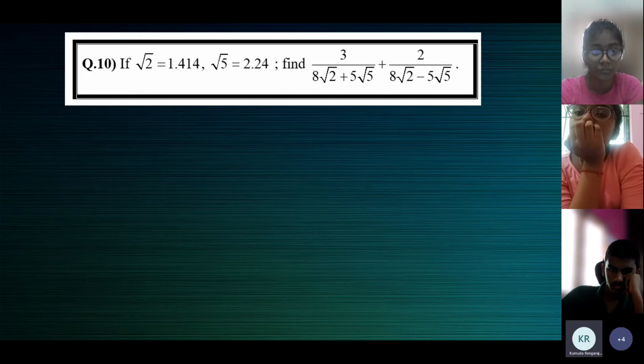You should remember all this. Otherwise, you should make a note. So I've told you if the denominators are not conjugates, you have to work in step 1 and step 2. If the denominators are conjugates, you have both the options. You can work them separately or you can work them together using LCM.